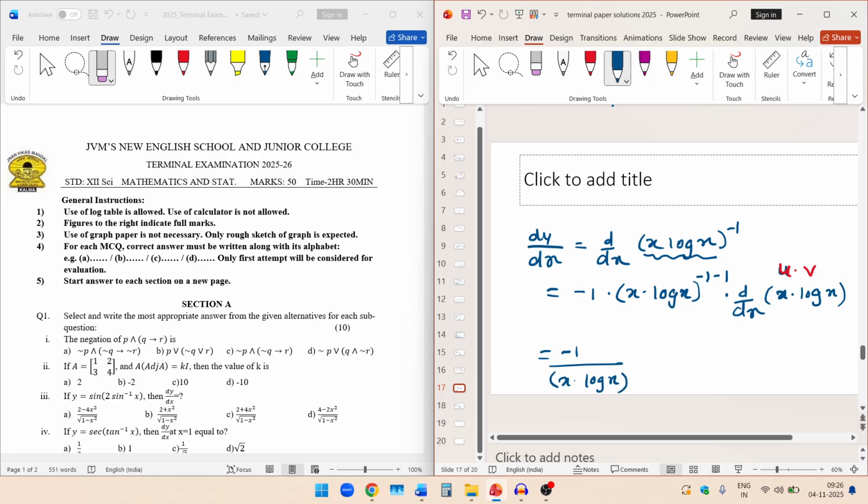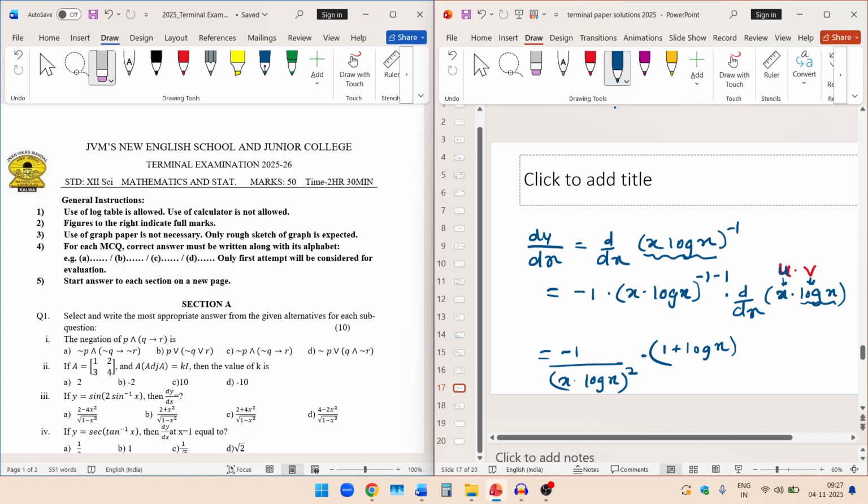So the answer is minus 1 into x log x raised to minus 2, which will become x log x the whole square, times d by dx of u into v. Here u is equal to x, so u into derivative of v, derivative of log x is 1 by x, plus v, which is log x, times derivative of u, derivative of x is 1. x gets cancelled, and you get 1 plus log x.